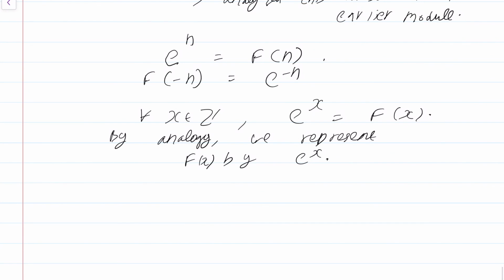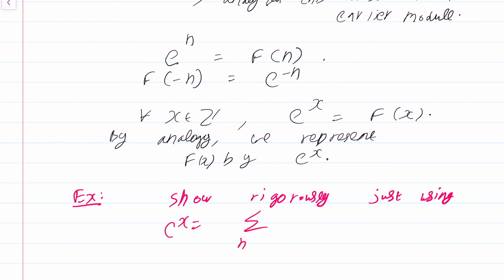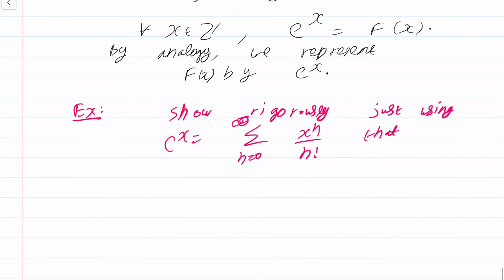Now I'm going to leave you with an exercise. Show rigorously, just using e power x equal to the summation n equals 0 to infinity of x power n by n factorial, that the limit as x goes to infinity of e power x by x power n is equal to infinity, for each fixed n.